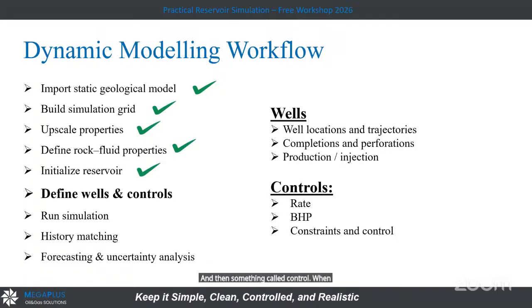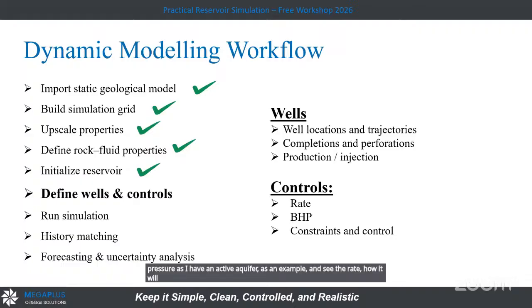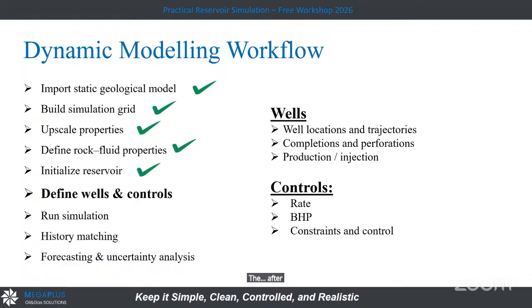When you produce the wells in the simulation, you have to control them, like in reality, where you can control by choking or switching on, switching off, anything. So in the model, the same thing. You can control the rate, telling the model I need a constant rate, a plateau rate. So the model has to simulate the pressure depletion in the reservoir with this rate, or vice versa. I need to control the pressure, as I have an active aquifer for example, and see how the rate will be simulated. So after I make the initialization, I have to define the wells and the control in the wells in the dynamic model.